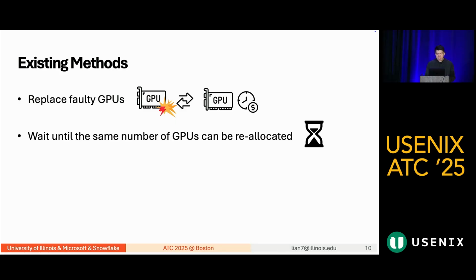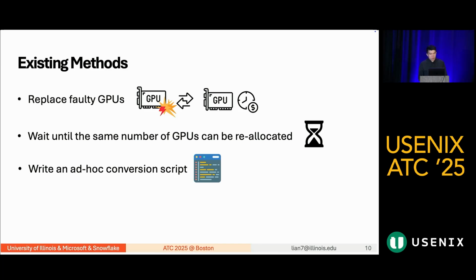And if the Slurm job allocation has expired, we can wait until the same number of GPUs become available to resume training, but this may result in hours or even days of waiting. A more common manual workaround is to write an ad hoc conversion script to adapt the existing checkpoint to a new parallel configuration. While this is possible, the method is error-prone, time-consuming, and not scalable to large-scale models or production environments.